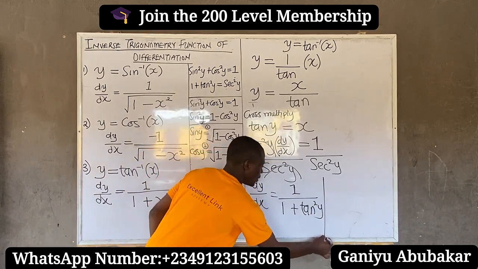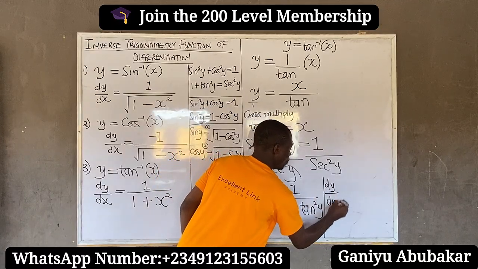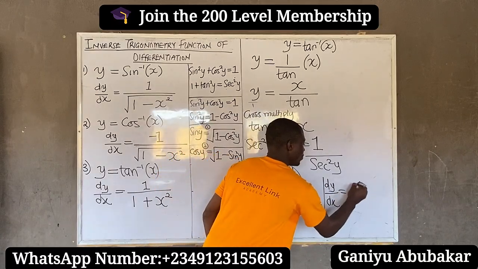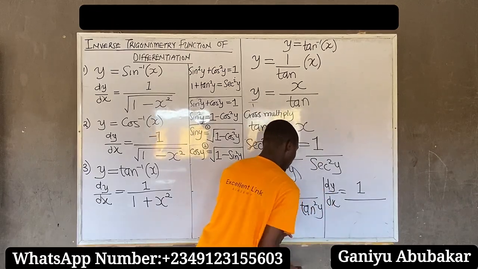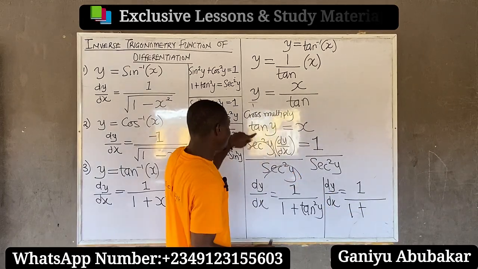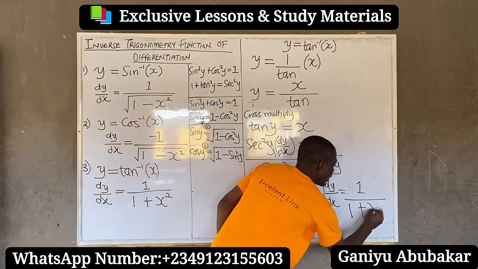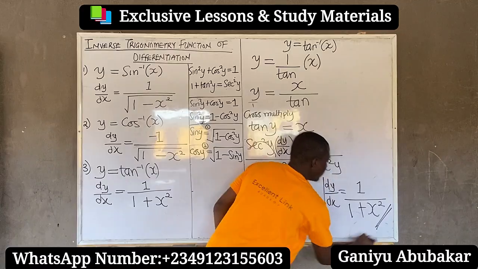And don't forget please that dy/dx will be equal to 1 all over 1 plus tan y alone. Tan y alone is x. But having the square here, it means I'll have x squared as my final answer.